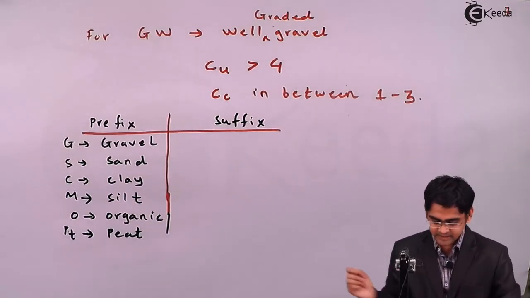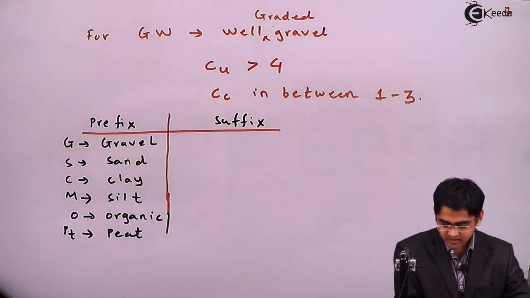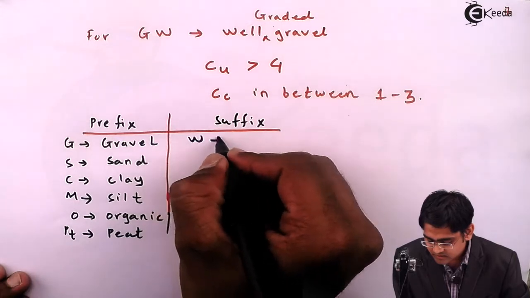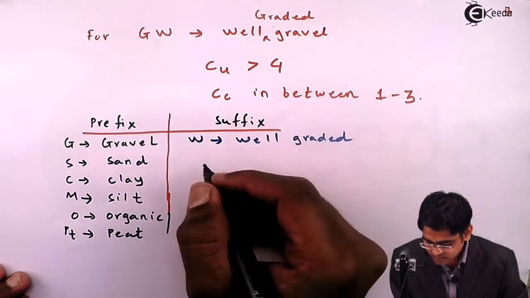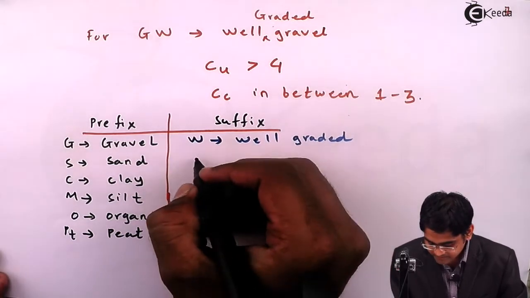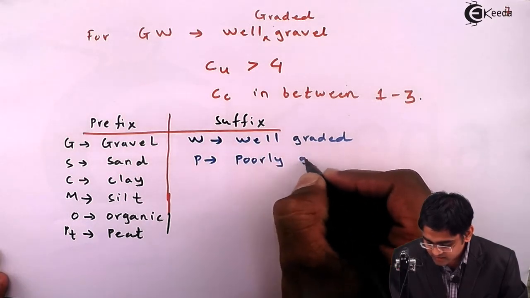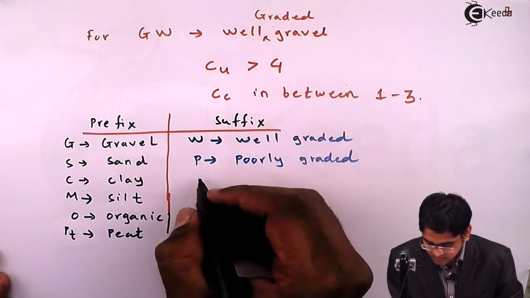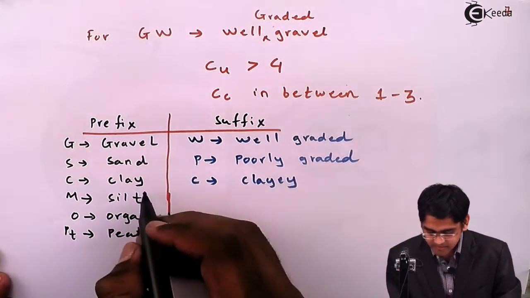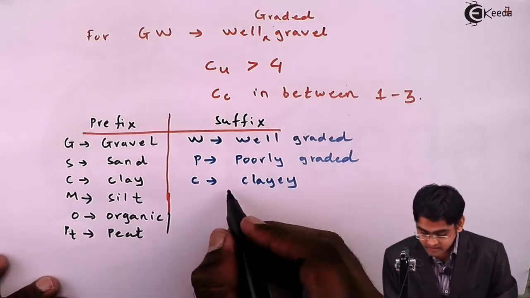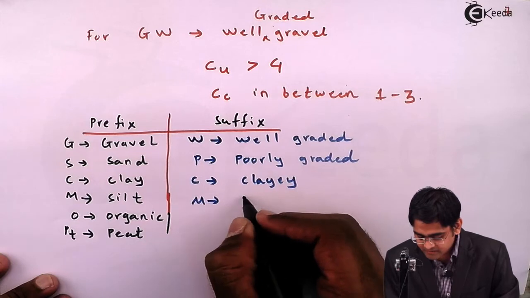And if you have suffixes, W means it is well graded, and we have P, which is nothing but poorly graded. We have C, that means clay. Remember, this C is different from that C. If C is a suffix, it means clay. M means it's silty.